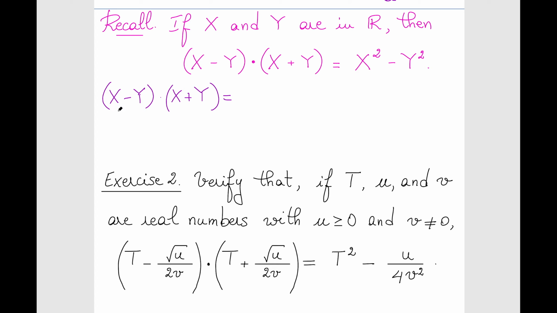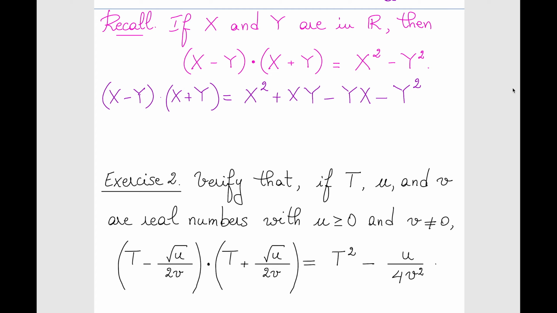Remember, everyone here is going to talk to everyone here, right? x times x is x squared. x times the y with a positive sign here, so plus x times plus y is plus xy, right? And then minus y times x is minus yx. And then minus y times y is minus y squared, right?